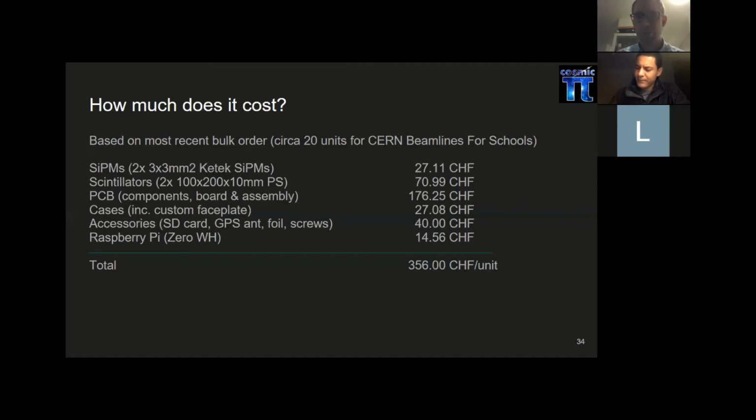Now the market has evolved, and the price breaks for going from building 20 boards to building 1,000 boards are actually not that great. It's maybe 5, maybe 10%. So it's something, but it's not make or break.